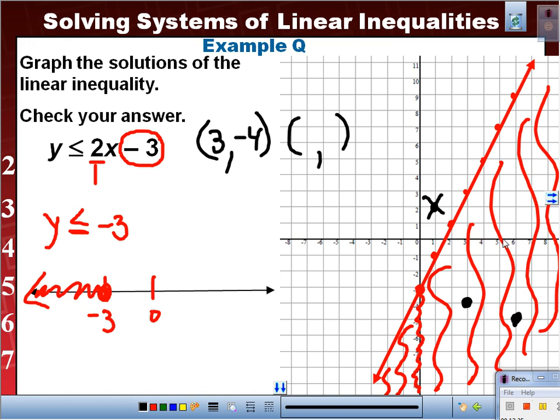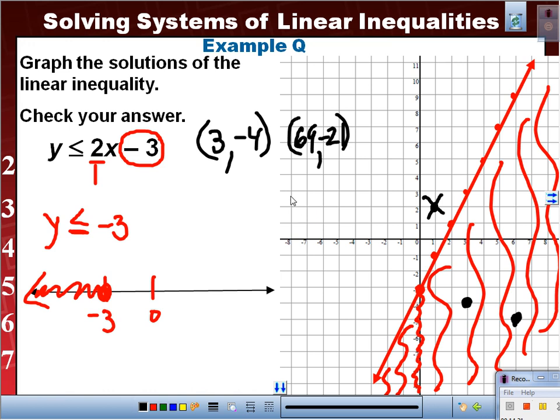All right. Julian, what's your point? 69, -21. 69, -21, way down there. Hands if you agree with that. That is correct. All right.